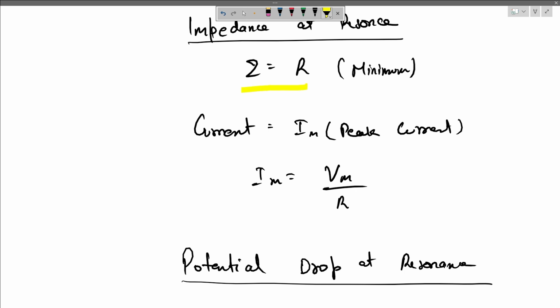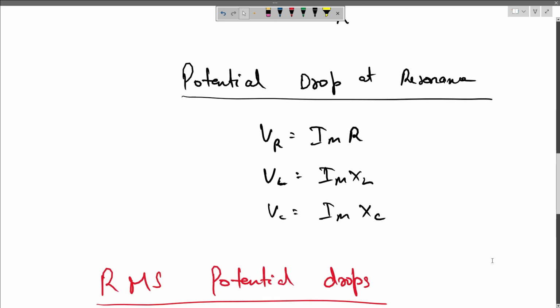Now current at resonance is given by voltage divided by the impedance or the resistance, and the peak current similarly is defined by the peak voltage divided by the resistance. And potential drop at resonance is given by VR equals Im multiplied by R, where Im is the peak current and R is the resistance.